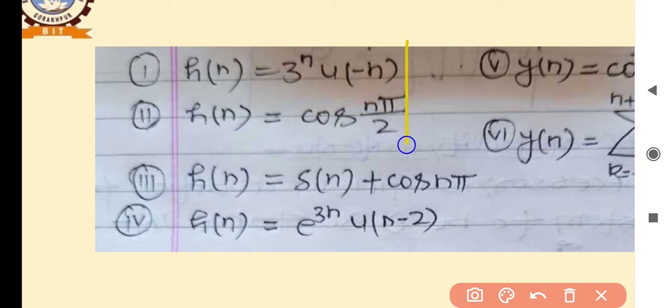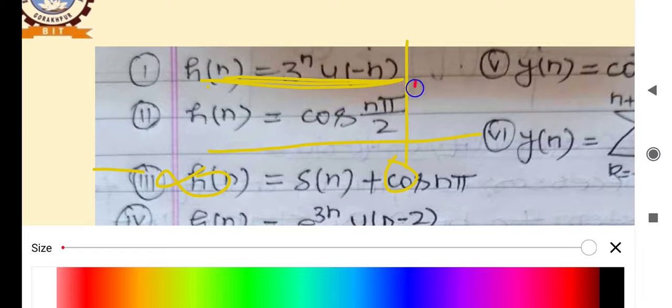The nature of u of minus n is that it will exist for negative values of n only, which means n will take only negative values, from minus infinity to 0. U of minus n will not exist, it will give a 0 value for the positive values of n. So because u of minus n only exists for the negative values of n, we will put only negative values of n to calculate the summation.